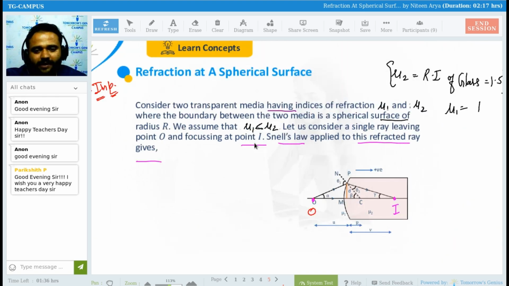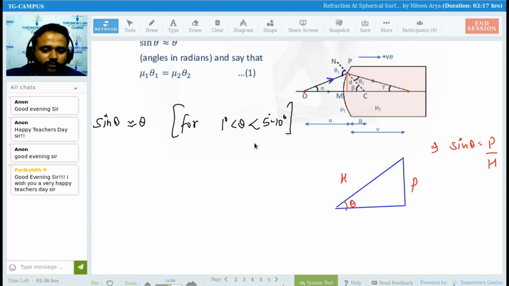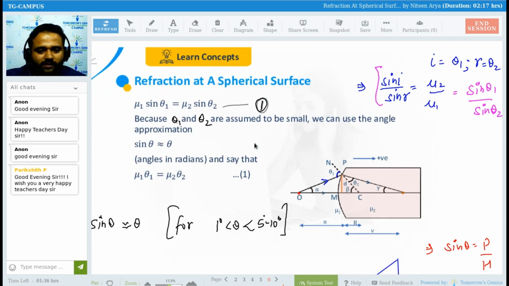So first of all, for refraction at spherical surfaces, we make the naming: mu1 is the refractive index of air, mu2 is the refractive index of medium 2. You can say medium 1 or medium 2 also. Clear? Where mu1 is less than mu2, you can say higher. And taking Snell's law's help, we can write mu1 sin theta1 equals mu2 sin theta2. How? Because sin i by sin r equals mu2 by mu1.